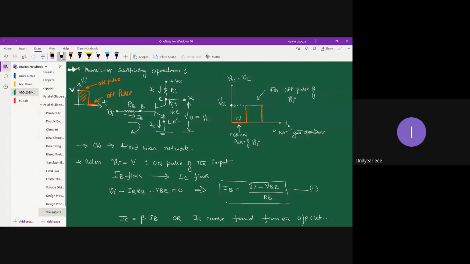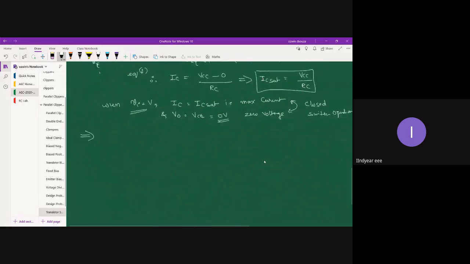So this is your NOT gate operation. NOT gate operation is basically a switching operation. Inside your NOT gate, you will find such a circuit kept inside. So the NOT gate is made up of this type of transistor circuit.